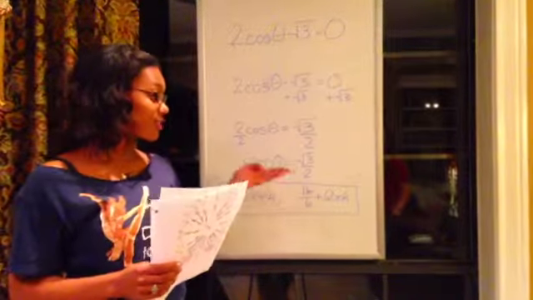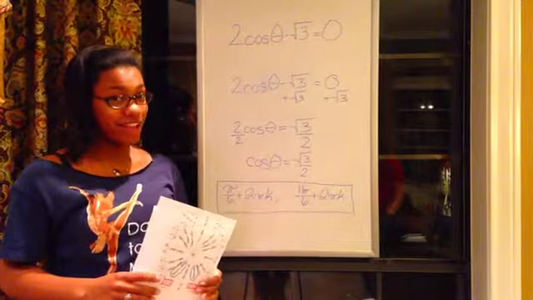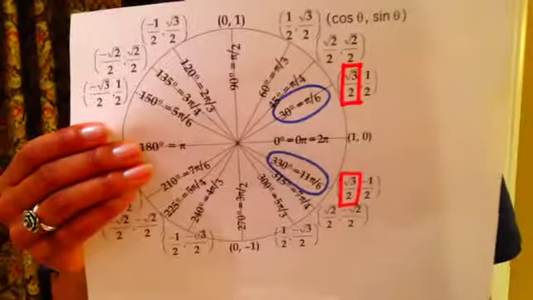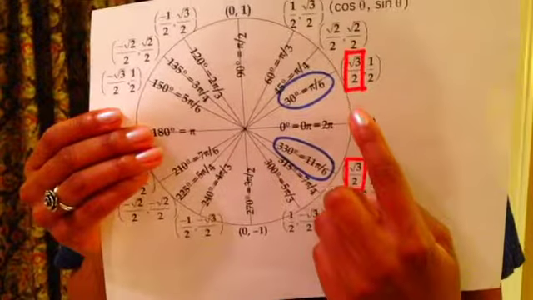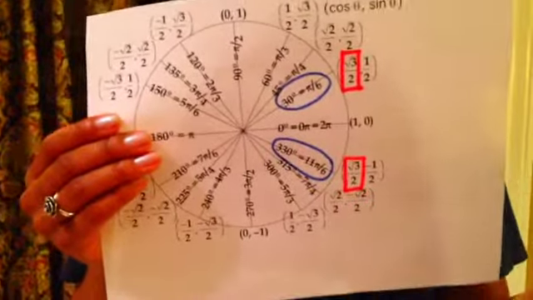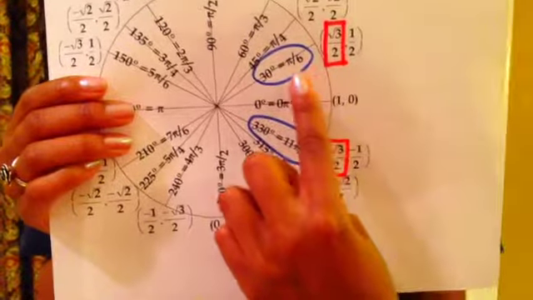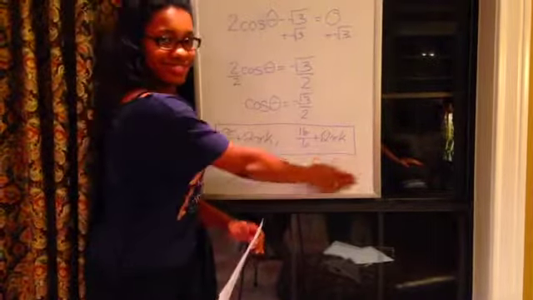What you're left with is cosine theta equal to the square root of 3 over 2, and you find the value on your unit circle. The cosines of 30 and 360 degrees is equal to the square root of 3 over 2 according to our unit circle. So you take the radian of each degree, which is pi over 6 and 11 pi over 6, and slap on a 2 pi k. And now you're solving trig equations.